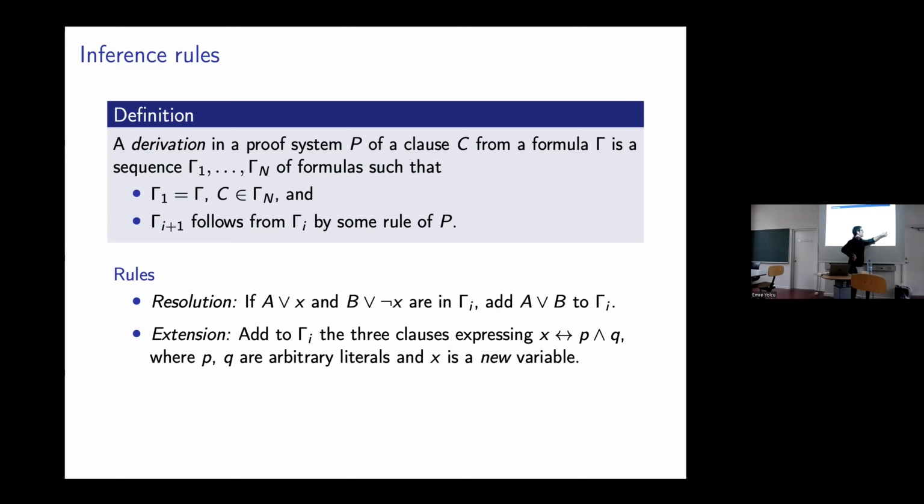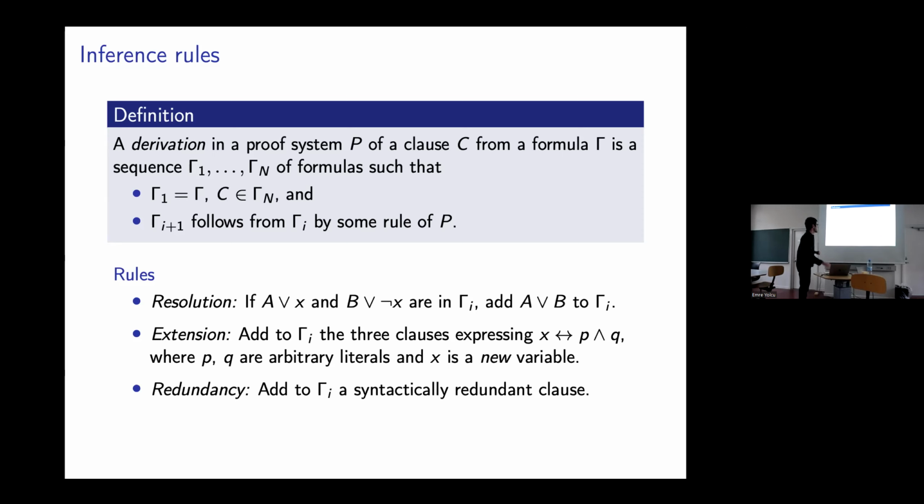And these P and Q are arbitrary literals. They could be anything, but again, without loss of generality, they are literals over variables that already appear in your formula. And these two rules will get you the extended resolution system, which, like I said, already buys you a lot of power.